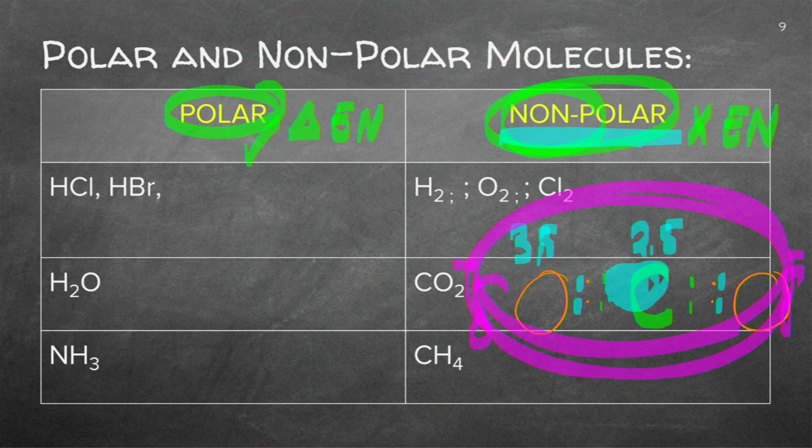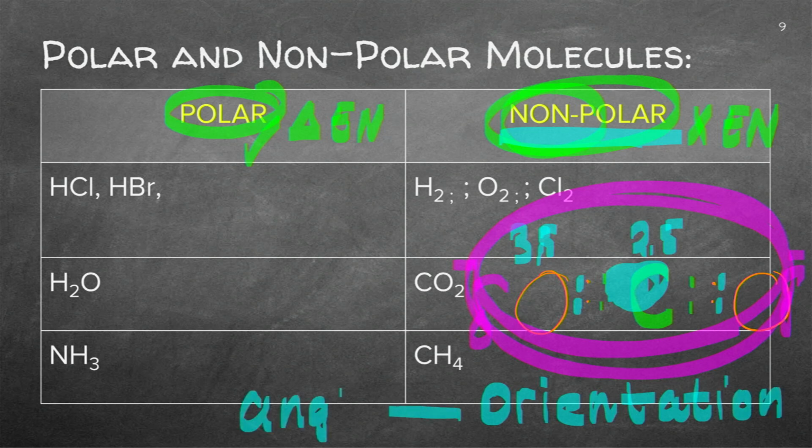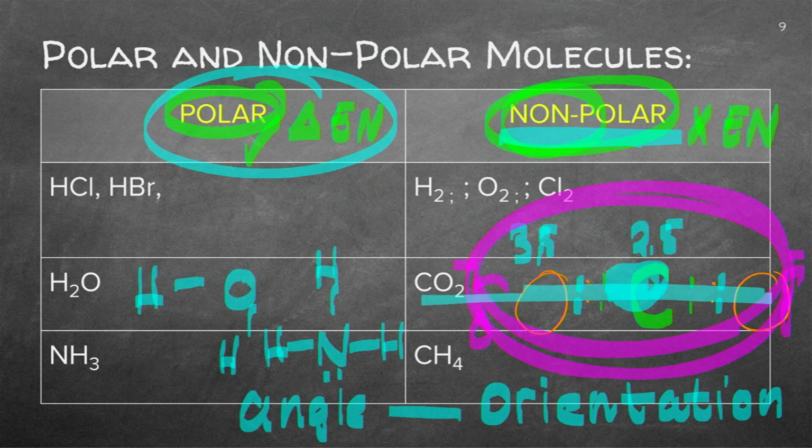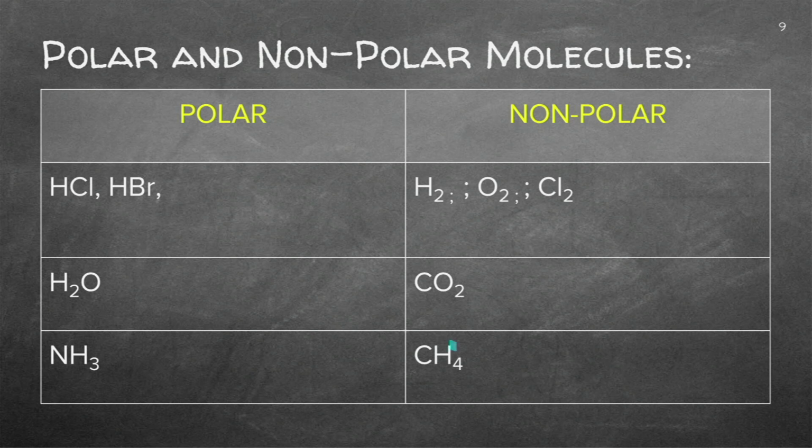So what's the difference? You have to look at the shape or the orientation. It has to find an angle. If it's an angle like H and O, or an angle with H and nitrogen, you know it will be polar. If it's linear, like this one, or in this case, let me clear this and see what happens here.